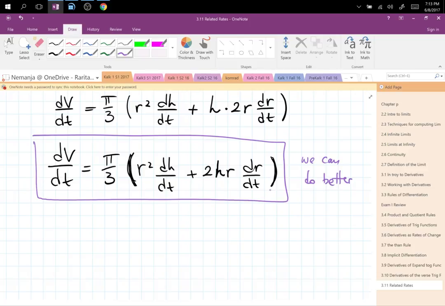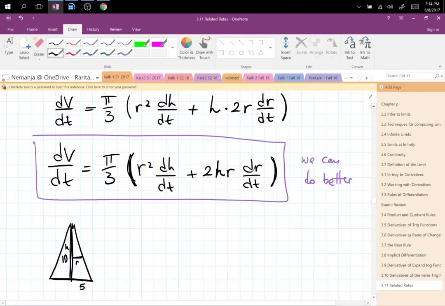So we can eliminate one of them, because if you look at the geometry of the cone, if this is, let's say, 5 and this is 10, the smaller values would be h and r, and you can set up the proportion.